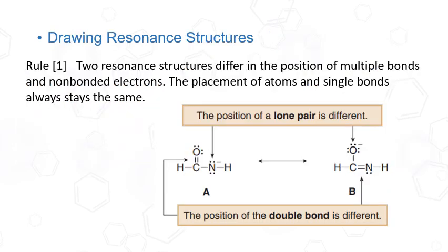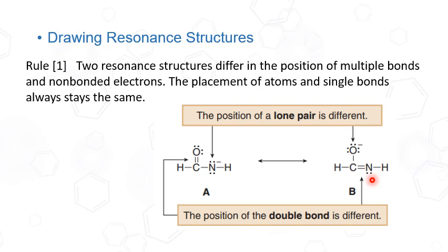Okay, how do you draw resonance structures? There are three rules. The first one is that the structures differ in position of multiple bonds and non-bonded electrons. The placement of the atoms always stays the same. So in structure A, you have C bonded to an O, also bonded to an N, then H, and then another H. In the resonance form, it is still bonded to an O, an N, and the H's.